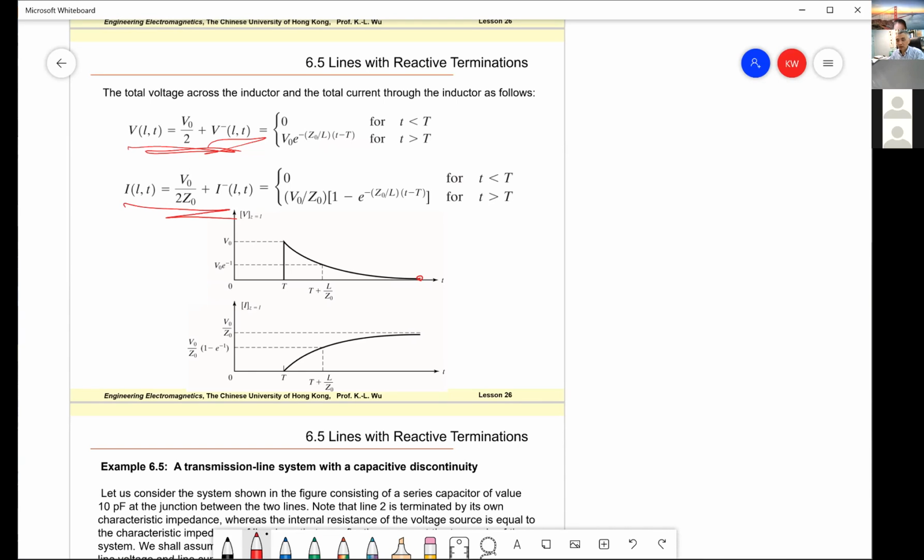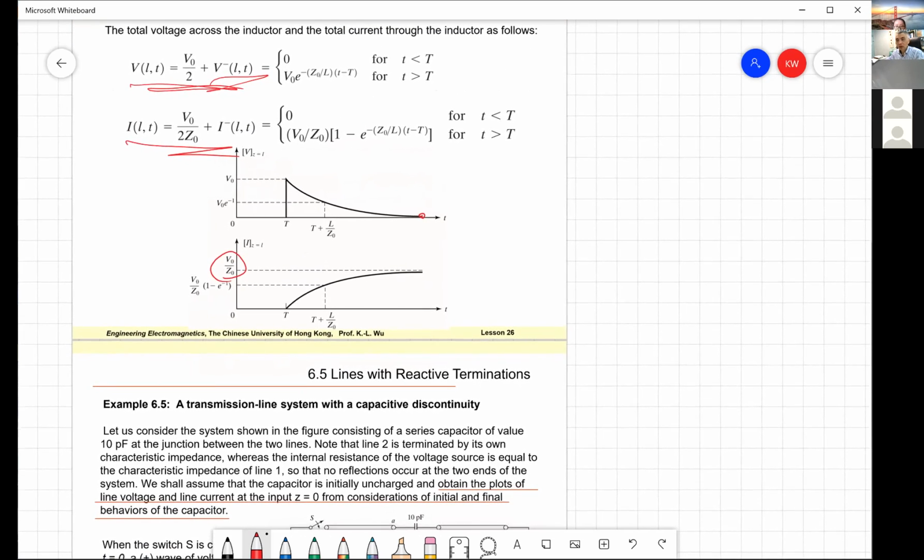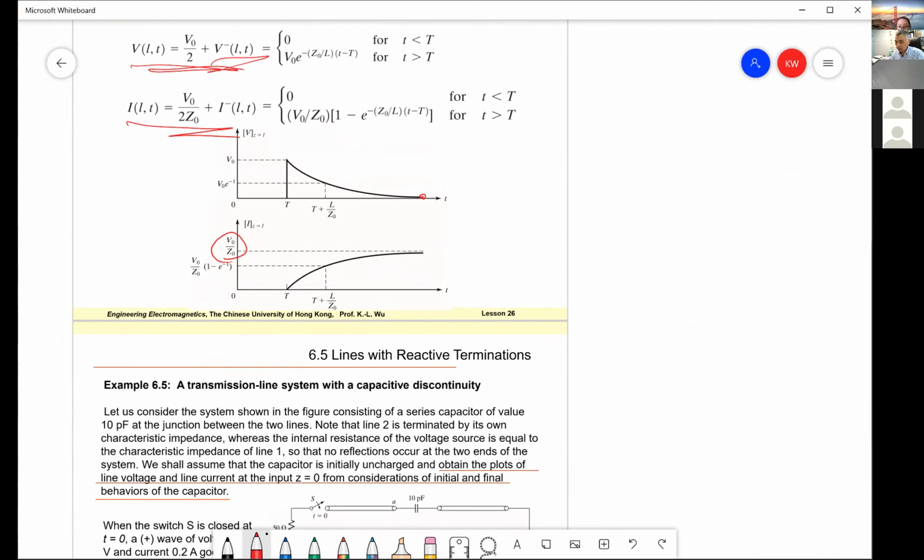And then for the current at the load, because of the short circuit, eventually it equals the voltage divided by the source impedance. So that is one type of reactive circuit example.